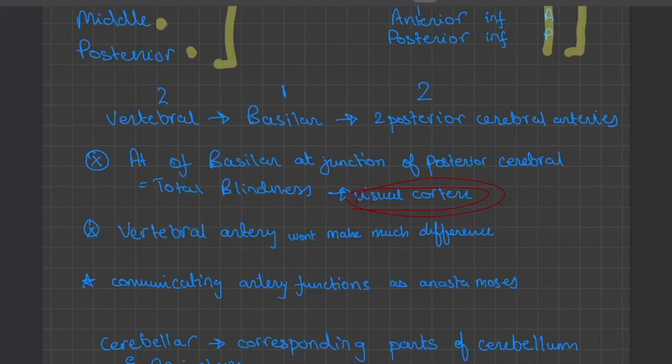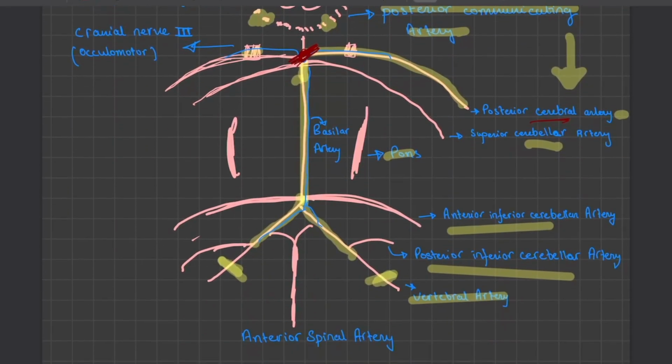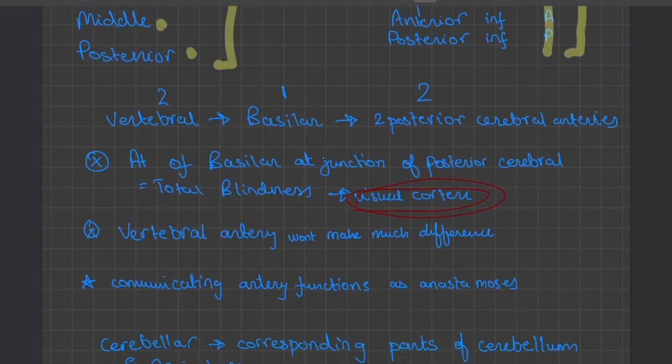Second of all, just like the anterior cerebral arteries, if the vertebral arteries are ever occluded at any point, the other vertebral artery from the other side will take care of it. This is how we keep the blood flow going throughout the brain, right?